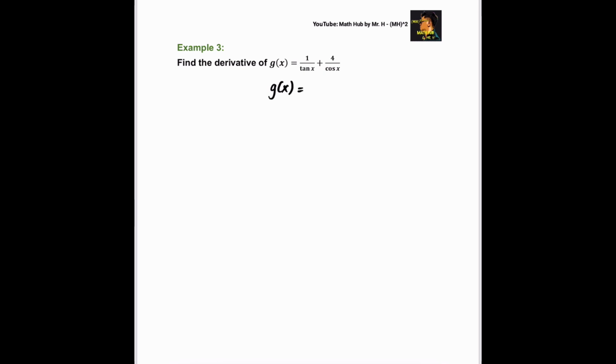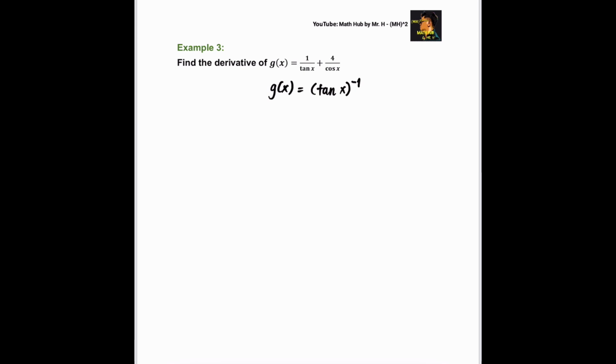I would say that 1 divided by tangent x is actually the same as tangent x to the power of negative 1, recalling rules of exponent. But you really need to be careful because it should be tangent x to the power of -1, not the inverse.